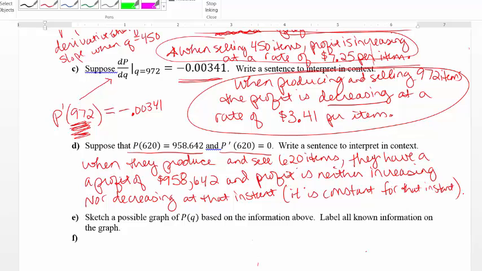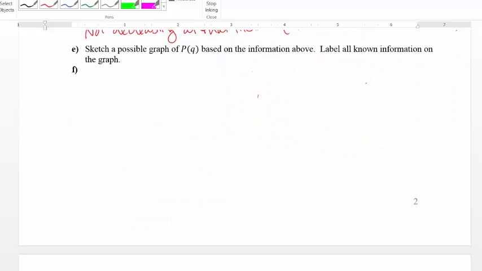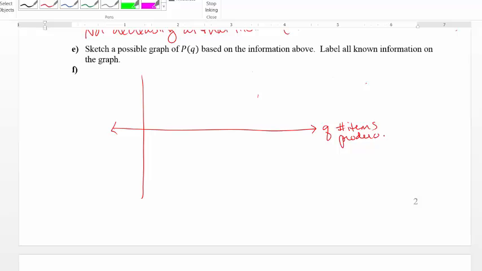And part E asks us to just sketch a possible graph of what the profit function could look like. Now, this is only a little bit of information we gained about this function, but I know Q is number of items produced and sold. And we were told P of Q is profit in thousands of dollars.